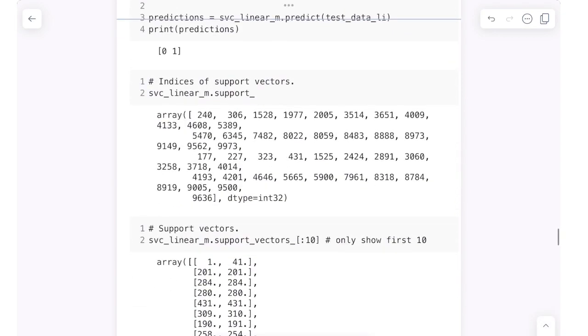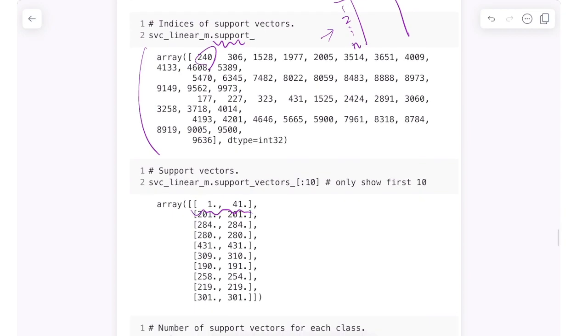And by the way, it tells you the index of the support vectors. We have a lot of data samples right here, and it tells us, for example, that number 240 is a support vector. And here are the x0 and x1 of the support vectors.